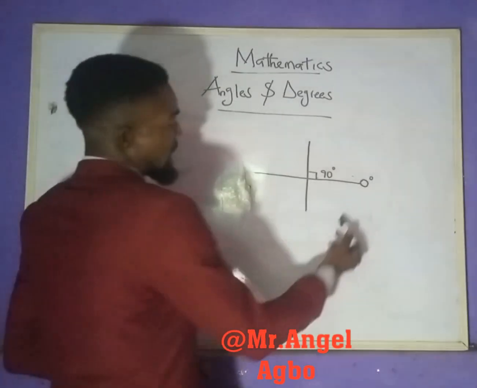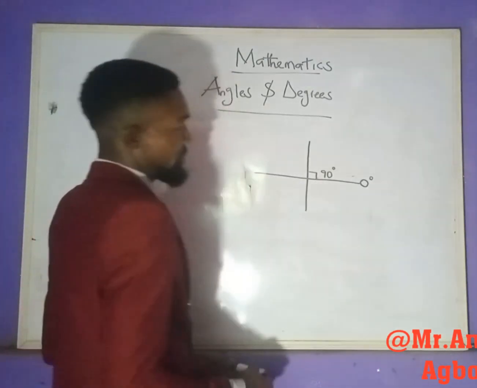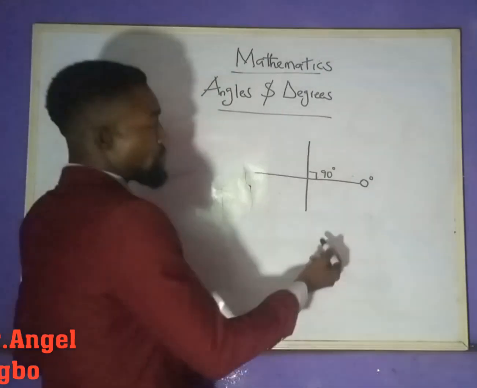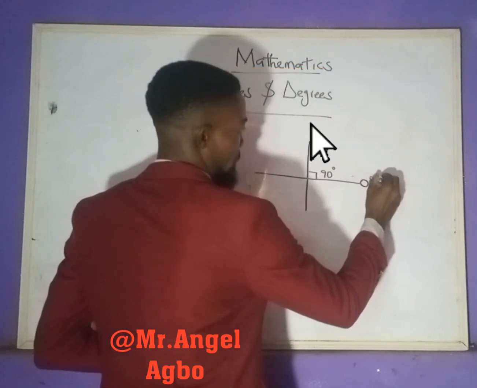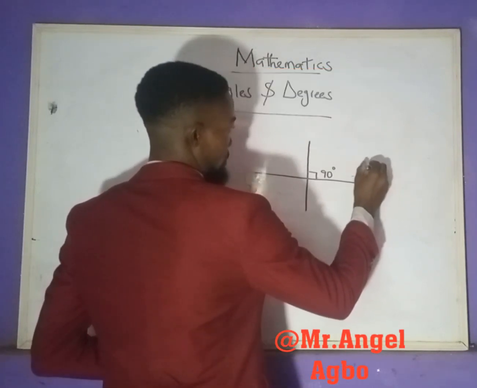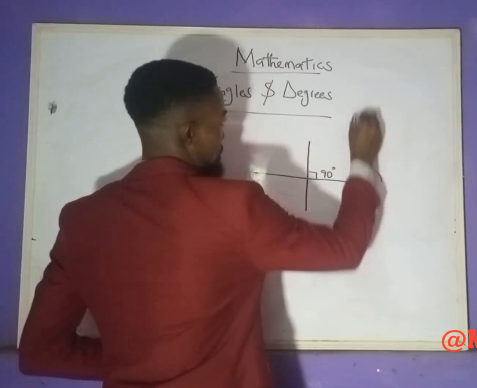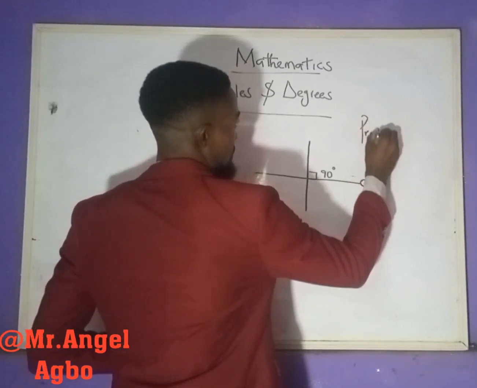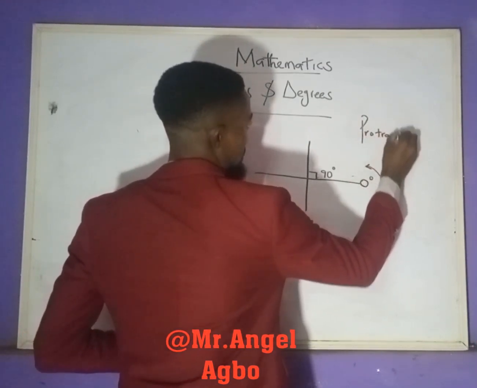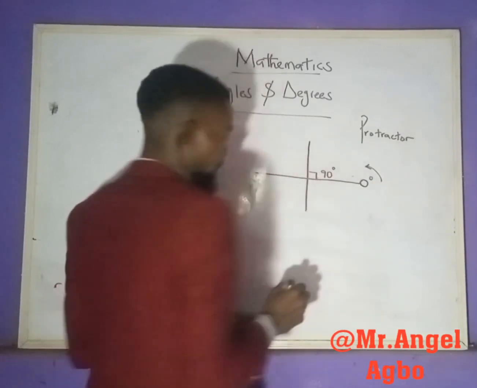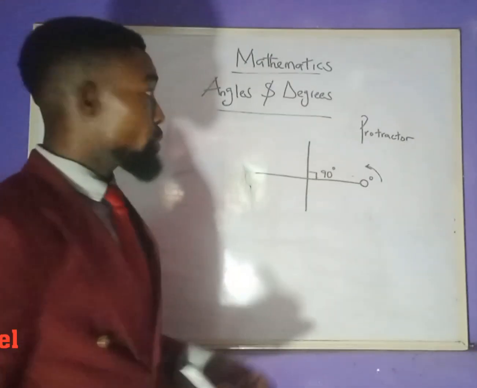Now, if you are starting from 0 degree, when you move your protractor. The instrument used in measuring angles is the protractor.